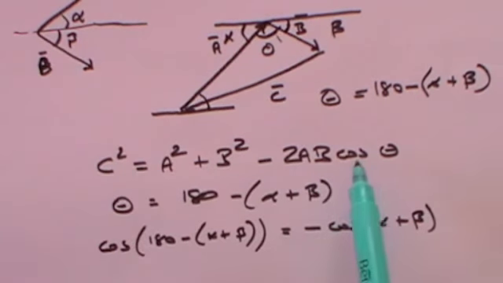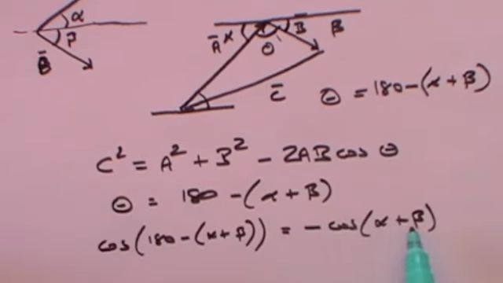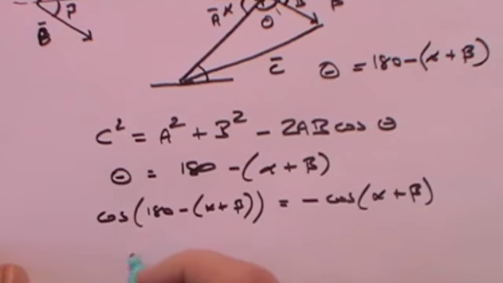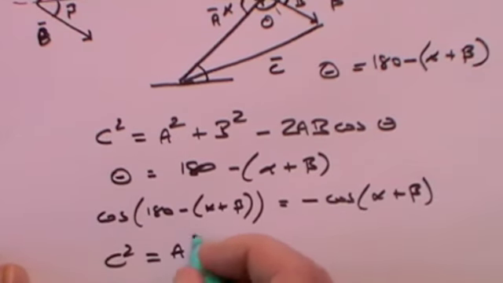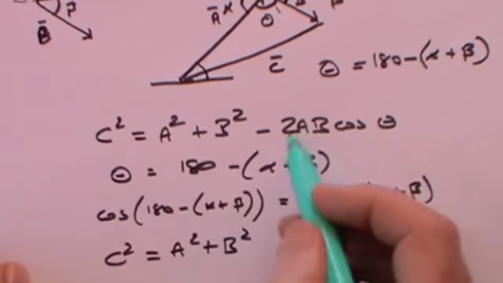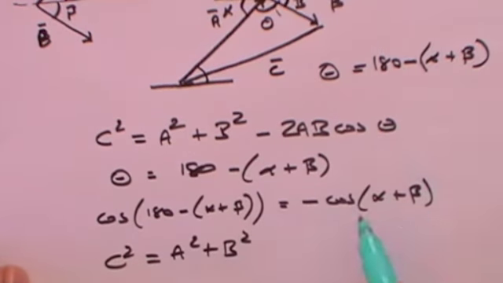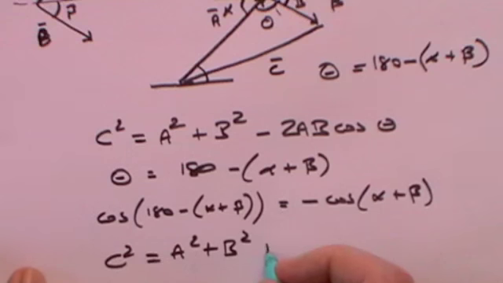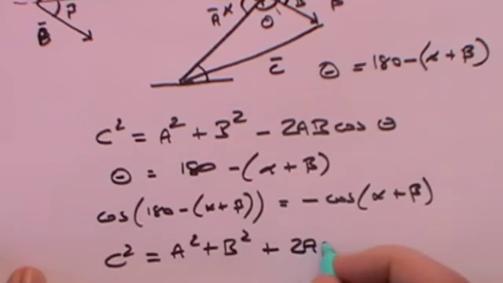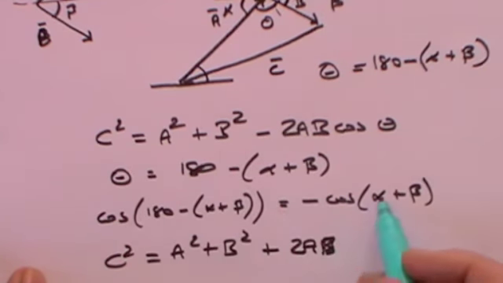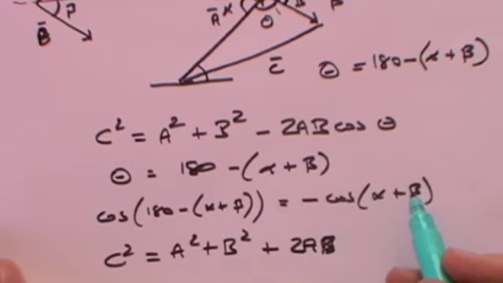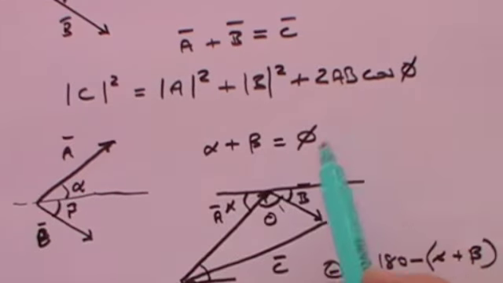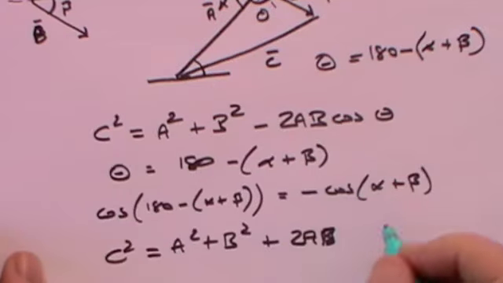So if cosine theta is this term here, I can replace cosine theta by minus cosine (alpha plus beta). So now I get that C squared equals A squared plus B squared, and now that minus term will be multiplied by this minus term to give you a plus term, 2AB times the cosine of (alpha plus beta), but alpha plus beta is phi, the angle between the two vectors.